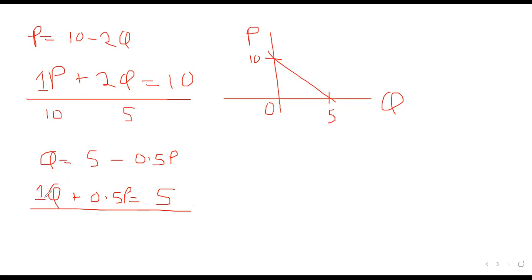There's an invisible 1. 1 into 5 is 5. What is on P? 0.5. 0.5 into 5, it is 10. So the P will cut on the 10 and the Q will cut on the 5. So this is the same equation that we just had. So this gives us our demand function.